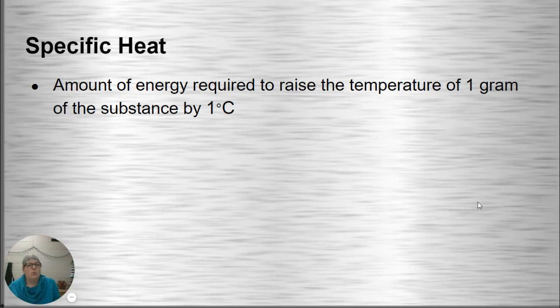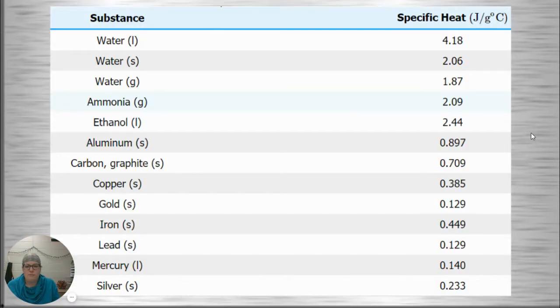When we talk about specific heat, it is a property that's unique to each substance. It has its own identifiable specific heat, kind of like density. It's one of the ways that you can figure out what an unidentified substance is. If you can figure out its specific heat, it helps you narrow it down and figure out what chemical you have. Okay, so here are a bunch of different examples of specific heat values.